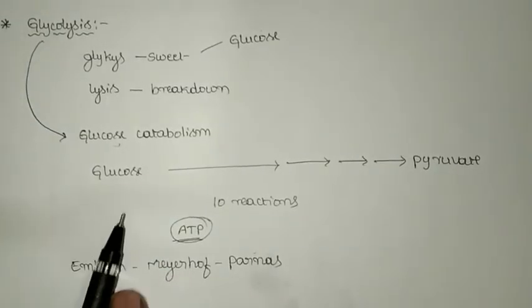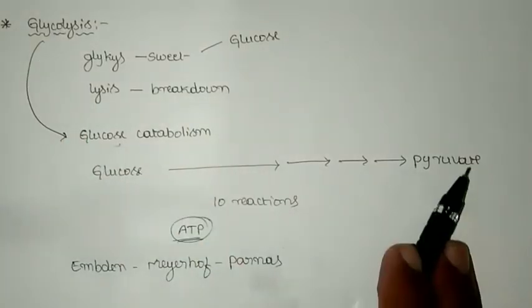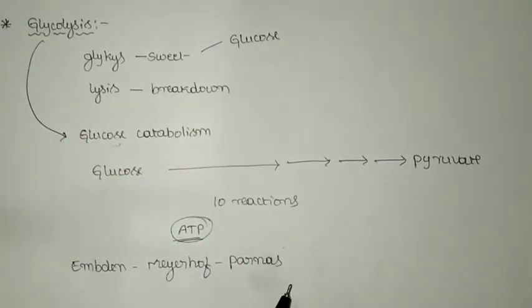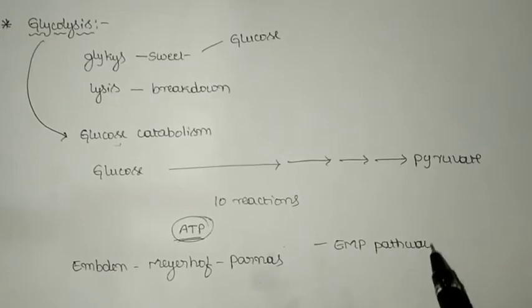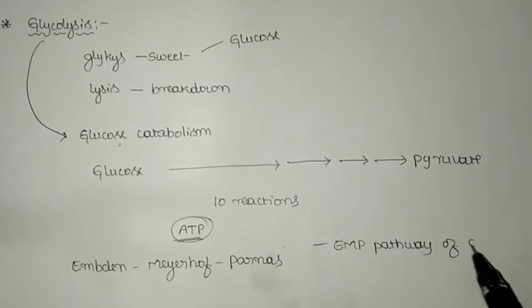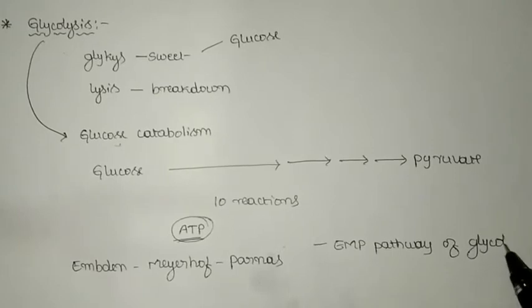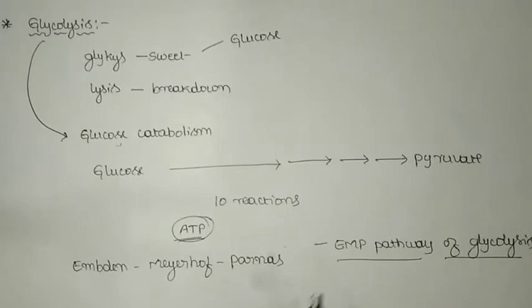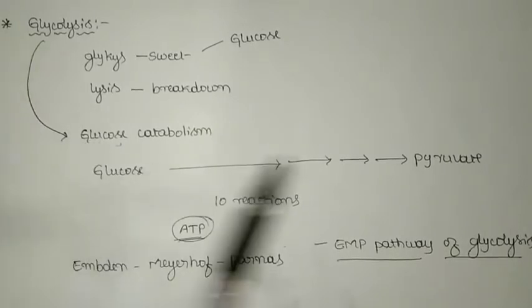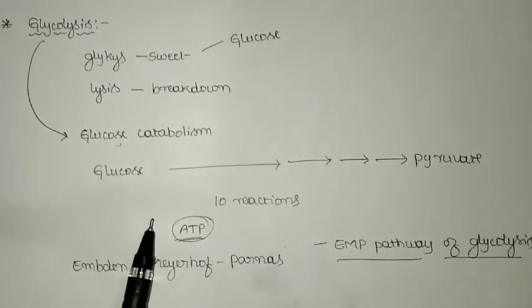So by honoring them, the reactive pathway given by these three scientists in explaining glycolysis is simply called the EMP pathway of glycolysis. This is a universally accepted pathway in explaining the conversion of glucose into pyruvate.